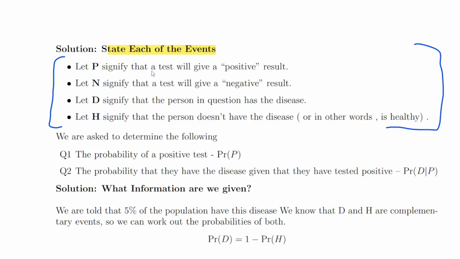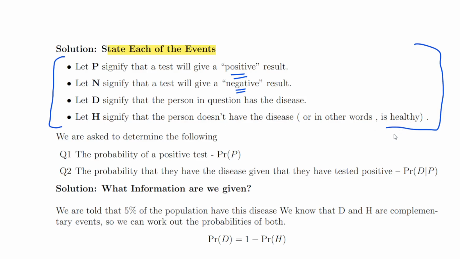Let P signify the event that a test will give a positive result, P for positive. Let N signify that a test will give a negative result. Let D signify that the person in question has the disease in reality, not whether or not they identify it as such. And let H signify that the person does not have the disease, in other words, is healthy.